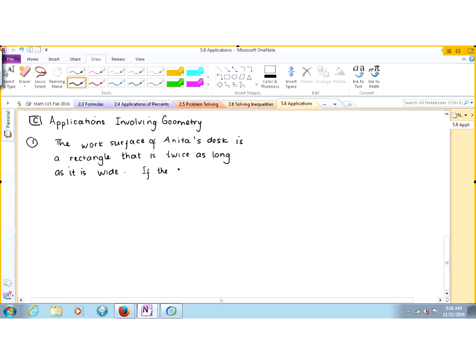Okay. So if the area of the desktop is 18 feet square, find the length and the width.